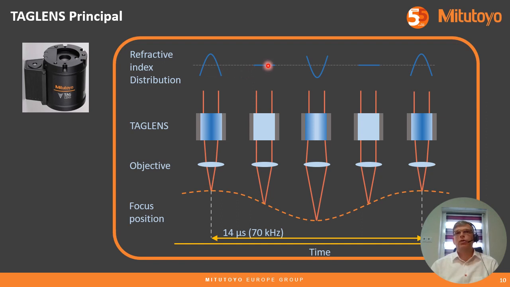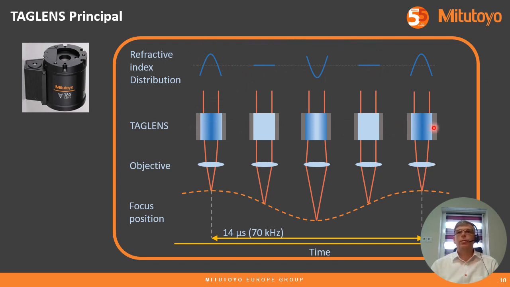We have situations with a homogeneous refractive index. We have a situation with a low refractive index in the center of the TAG lens, and a homogeneous one again. This situation continues all the time.